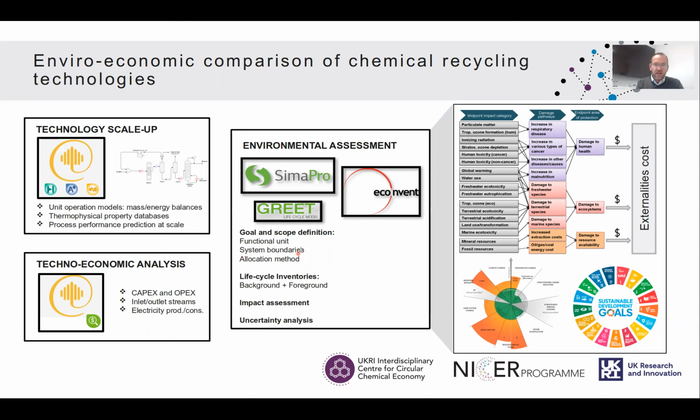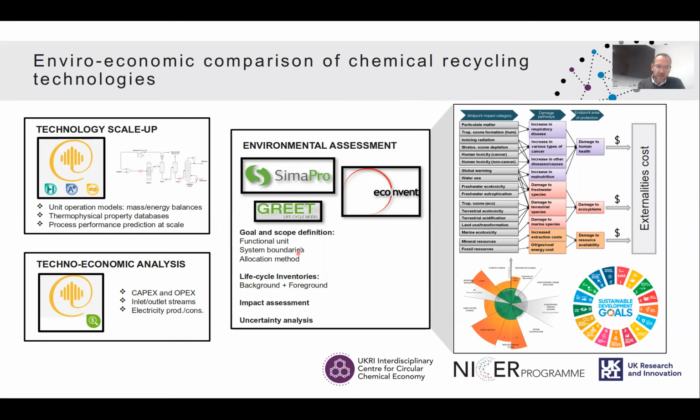In a similar way, we can combine the process simulator results at scale with supply chain inventory data that we can retrieve from databases such as ecoinvent in order to assess the life cycle impacts of these technologies.